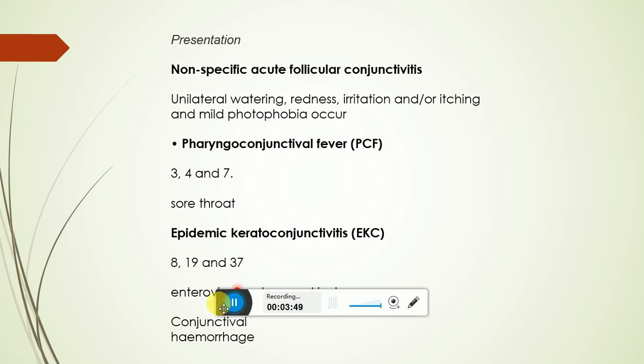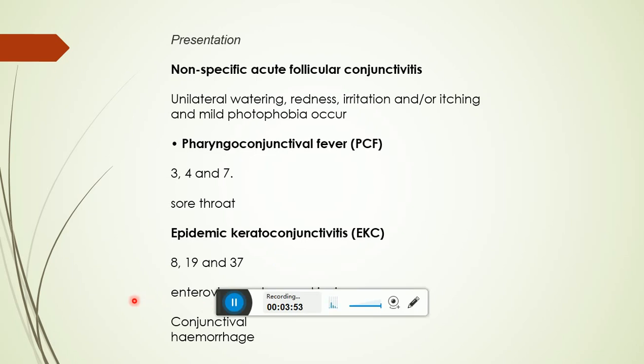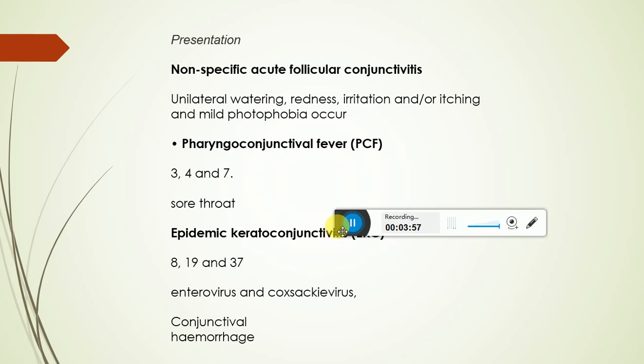The next presentation is acute hemorrhagic conjunctivitis. It occurs in tropical areas, caused by enterovirus and Coxsackie virus.